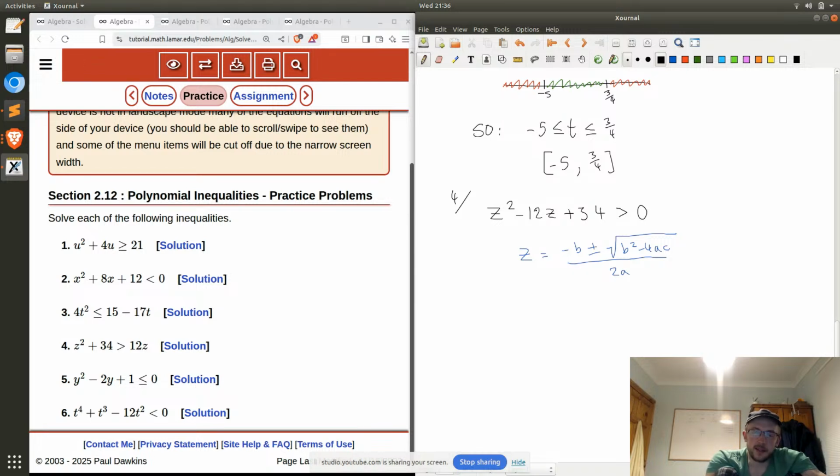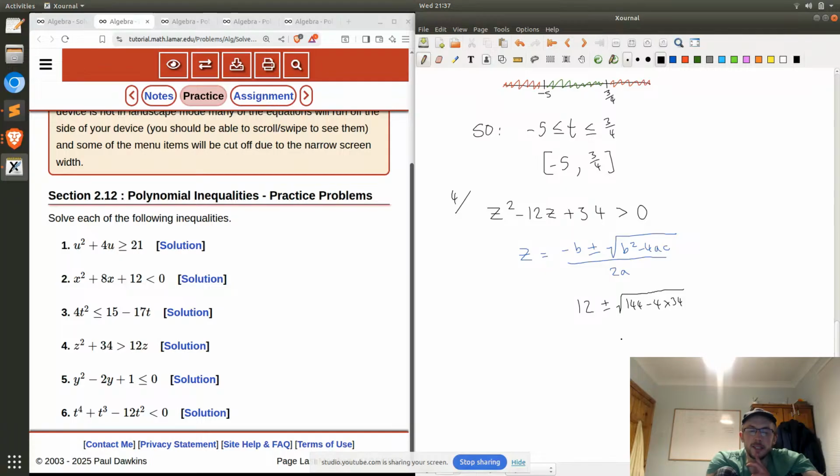So I apply this. Here is my value for b. It is -12, and that must be made negative, so it becomes 12 itself, plus or minus the square root of -12 squared, which is 144, minus 4 times 1 times 34. Now, what is 4 times 34? The answer is 136.